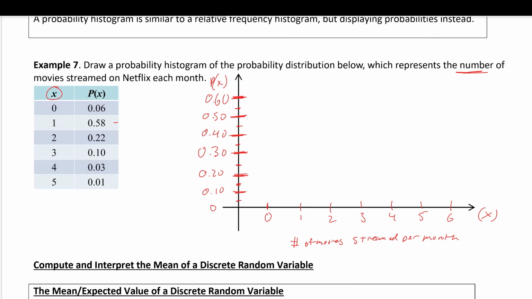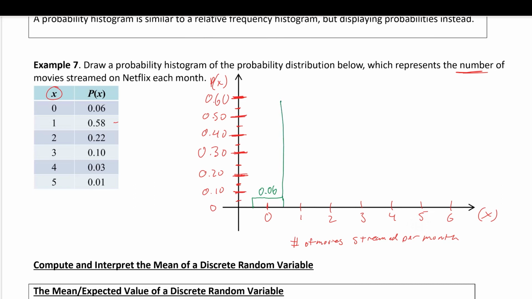For 0, again, I'm going to make that rectangle where 0 is at the center of that. So 6%, well, here's 5%. I'm just going to kind of eyeball it. I would say somewhere around there. I'll even label it just to be very explicit. For 1, it's 0.58, so that's between 55 and 60, a little bit closer to 60.